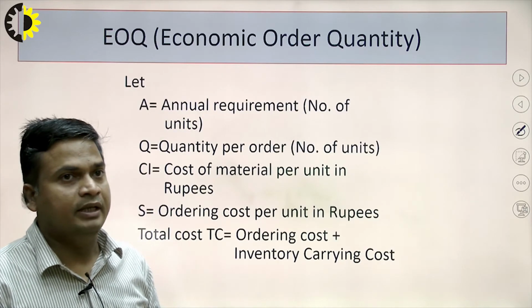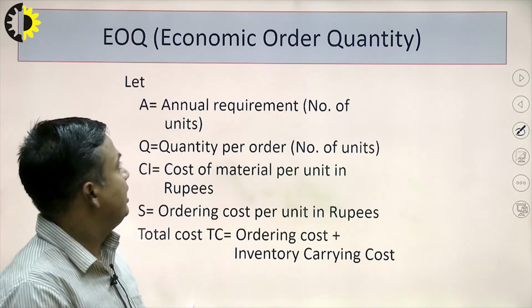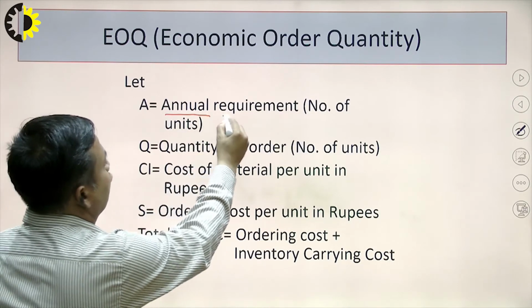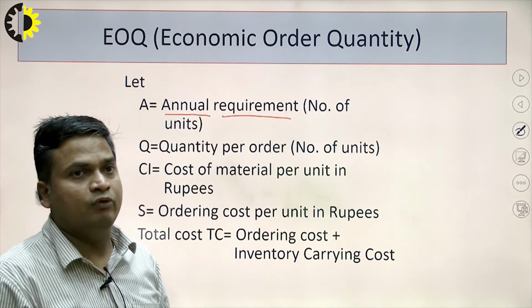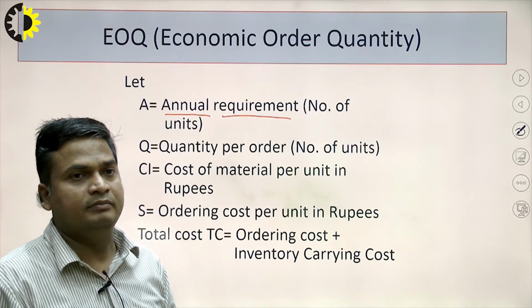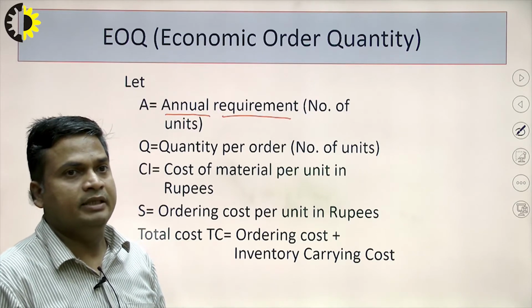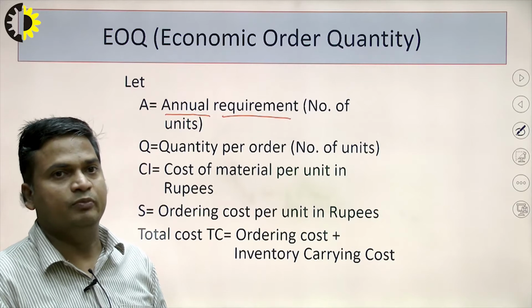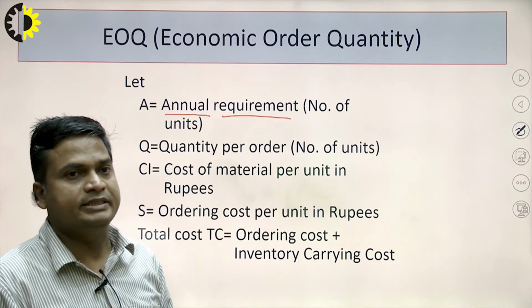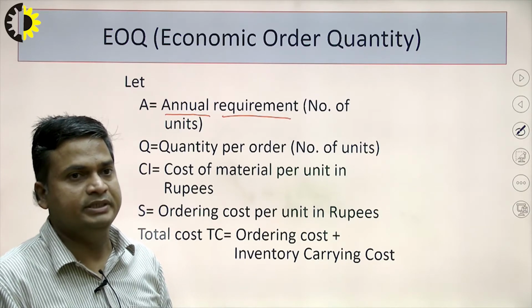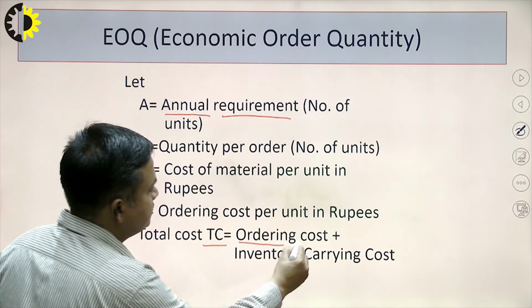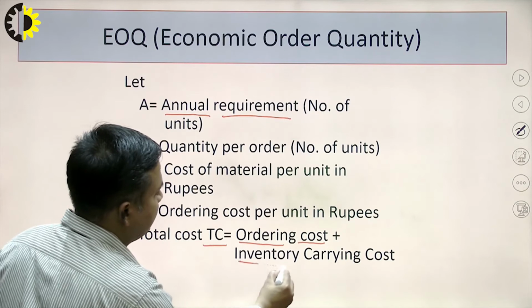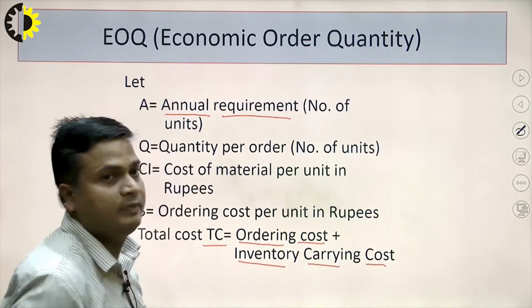Now, let A be the annual requirement, that is the number of units, Q the quantity per order, CI the cost of material per unit in rupees, and S the ordering cost per order in rupees. So, the total cost TC equals the ordering cost plus the inventory carrying cost.